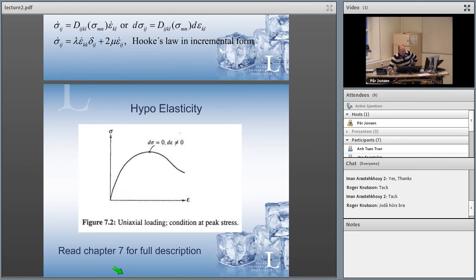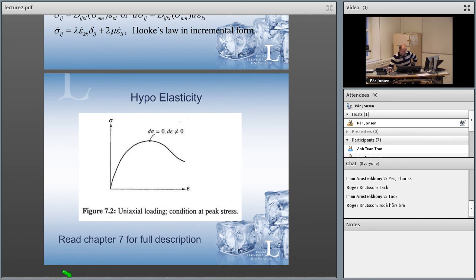For example, this point here says that you have a failure of your model, because this is the maximum stress. And then you have what we call softening response, because you increase the strain, but the stresses are lowering.